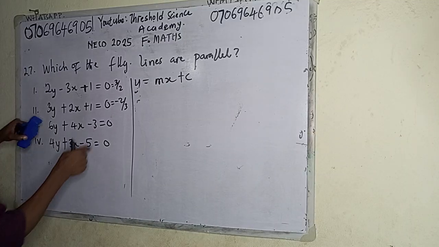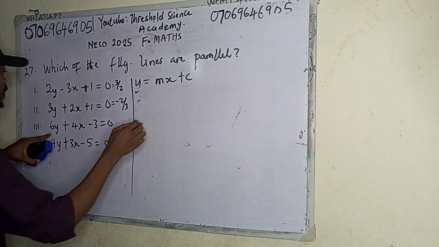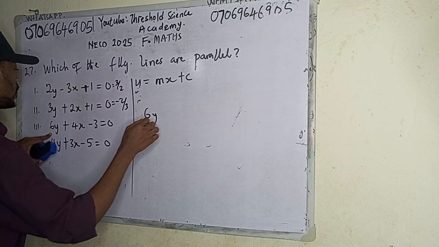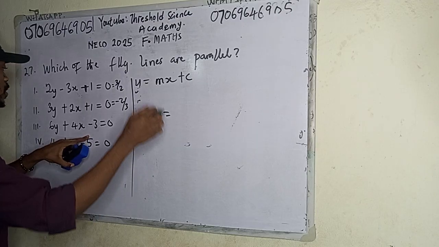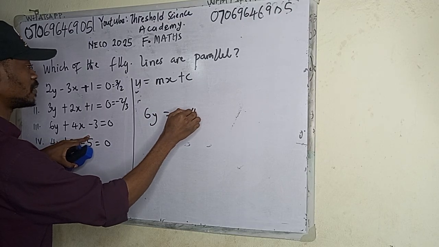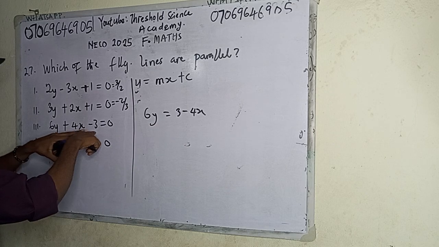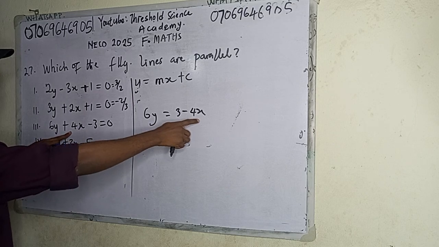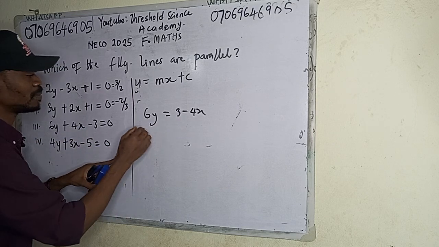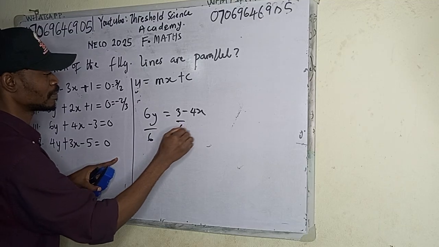Here we are going to be having 6y equals 3 minus 4x. That's if I transfer 4x and minus 3 to the other side, and 3 becomes plus 3, plus 4x becomes minus 4x. Divide both sides by 6.